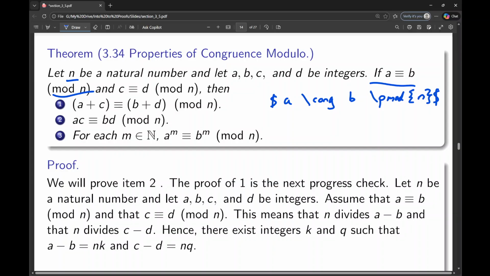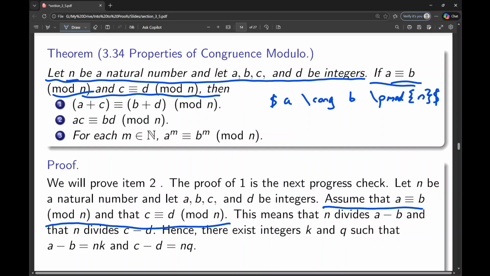All right, so we just assume the hypothesis there. And then there's a specific hypothesis for number 2. So assume that a is congruent to b mod n, and that c is congruent to d.